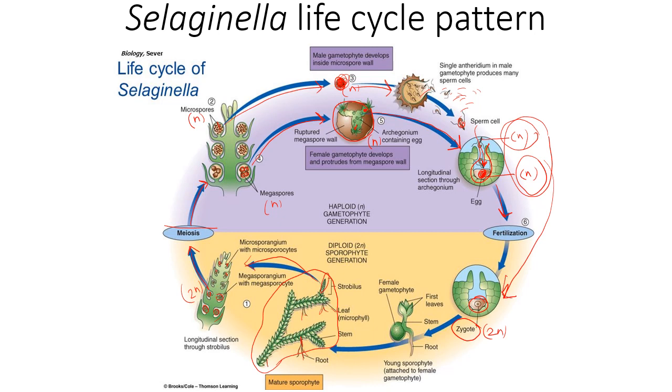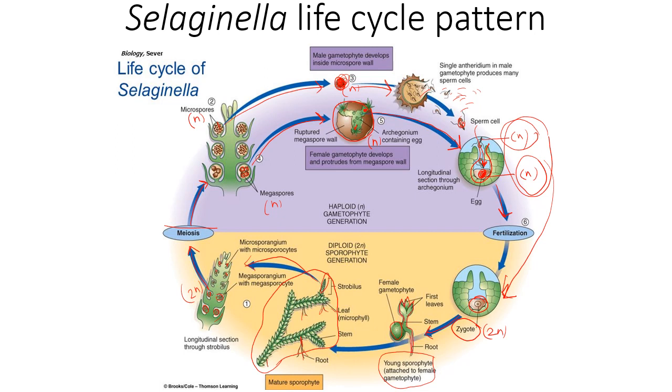So this divides and redivides and grows further and that is called the young sporophyte, which is attached to the female gametophyte. So the female gametophyte is still there and there is a young sporophyte.